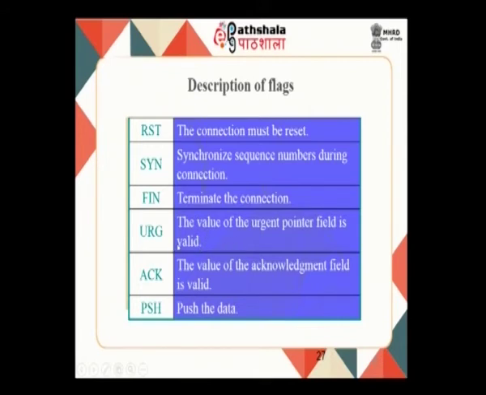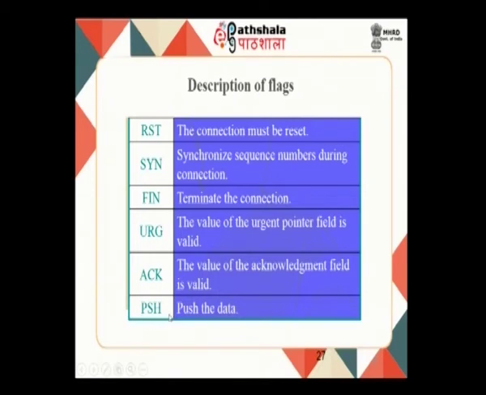In those cases, the data will be sent as the initial part of the data segment, and the urgent pointer that we saw in the header will be set. So, this urgent flag essentially tells us that this urgent pointer field is valid.